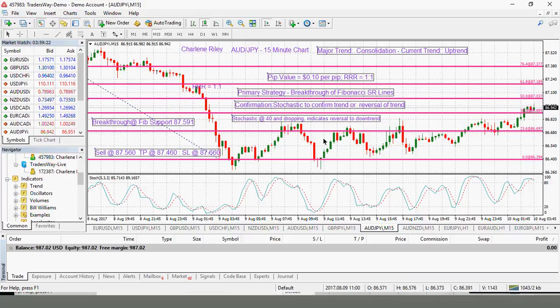So here we had consolidation on the Australian JPY. We have consolidation and now an uptrend. But according to the stochastic, it looks like the market wants to try to reverse.